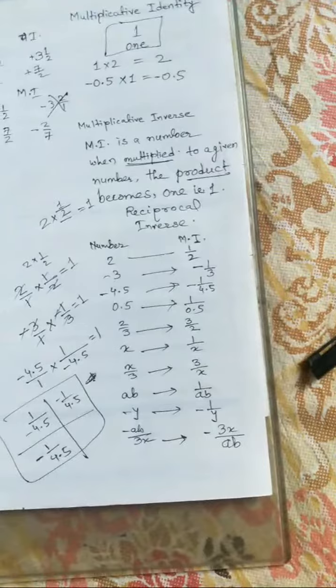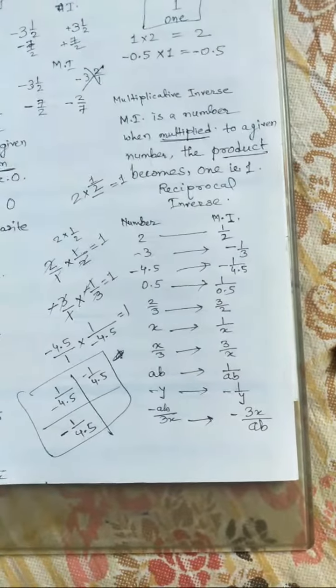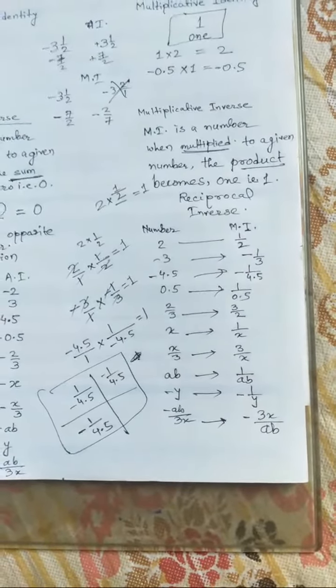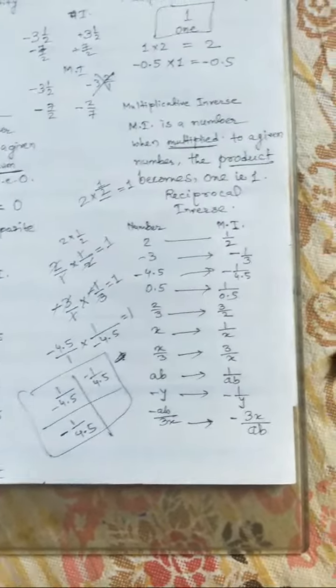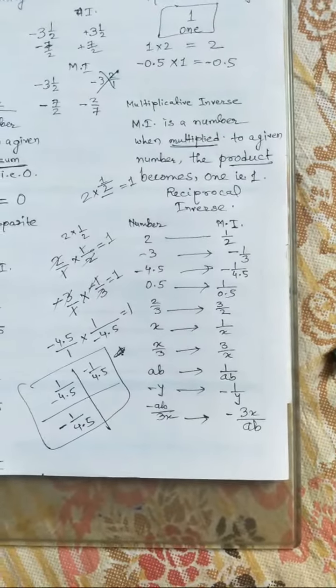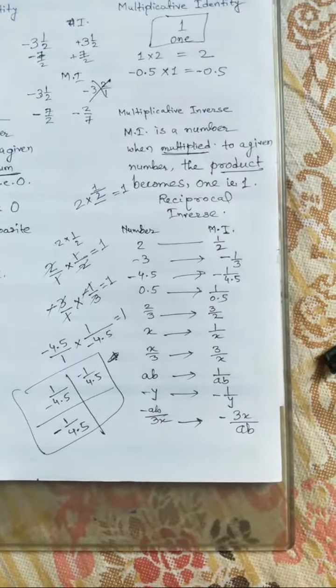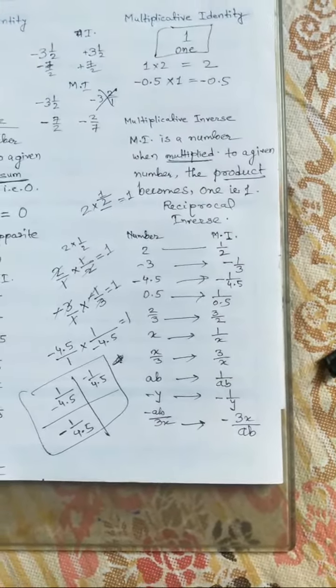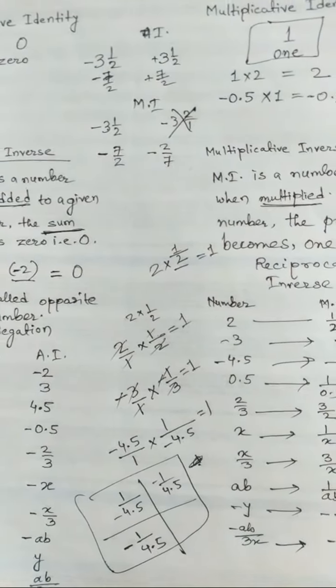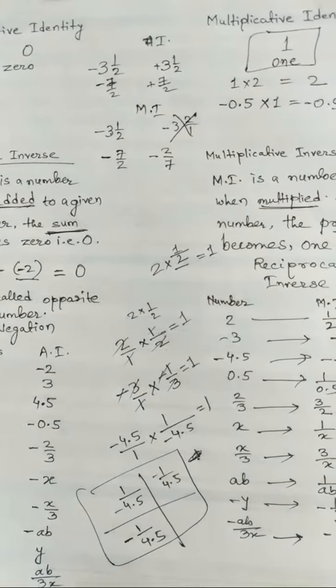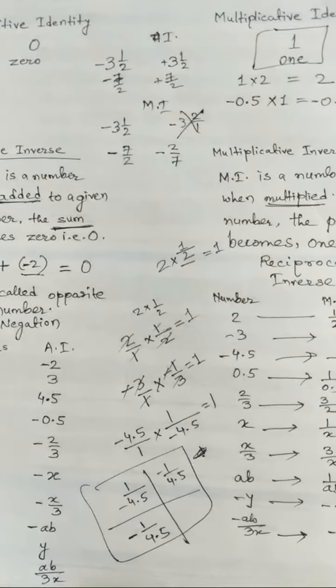In multiplicative inverse, you don't have to do anything with the sign. The sign remains the same as that of the given number. The thing you have to do in multiplicative inverse is to change the numerator into the denominator and the denominator into the numerator. For mixed numbers, you have to convert them into improper fractions first to get the multiplicative inverse.